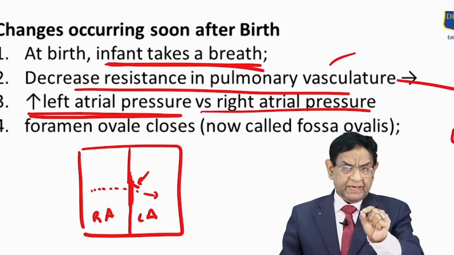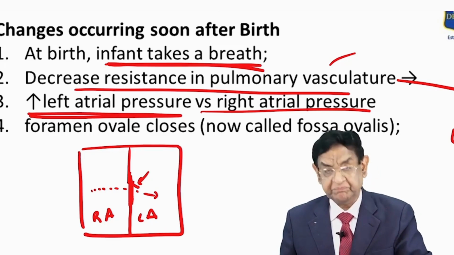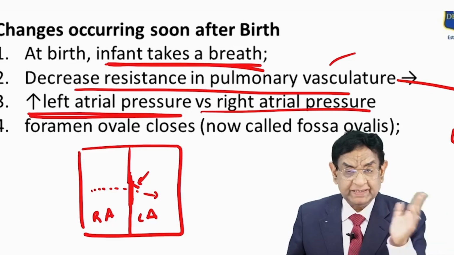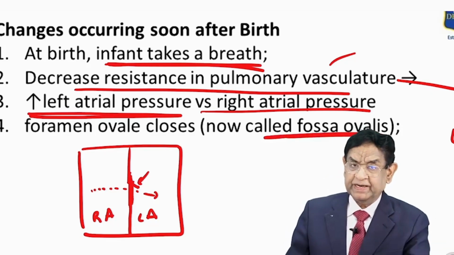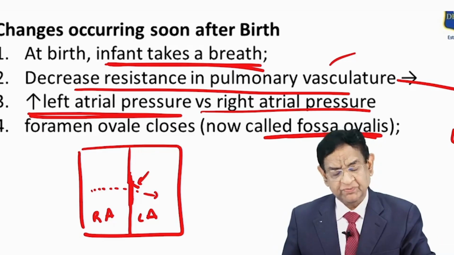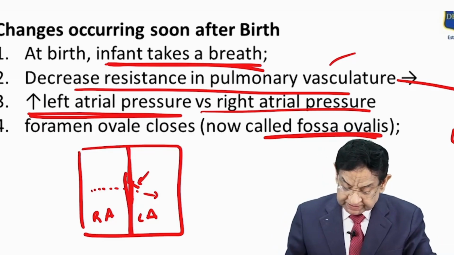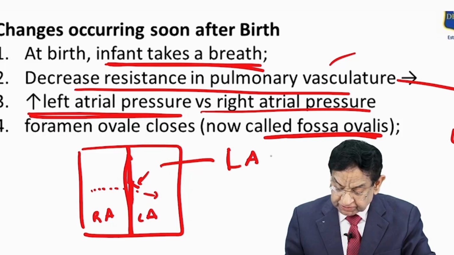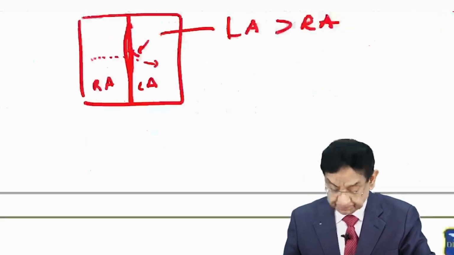The foramen ovale gets closed because of high pressure in the left atrium. And as I told you, once that closes, it is called the fossa ovalis. It is the foramen ovale which makes the fossa ovalis. So we understood why this is closed, and now we also know why LA pressure is more than the RA pressure.